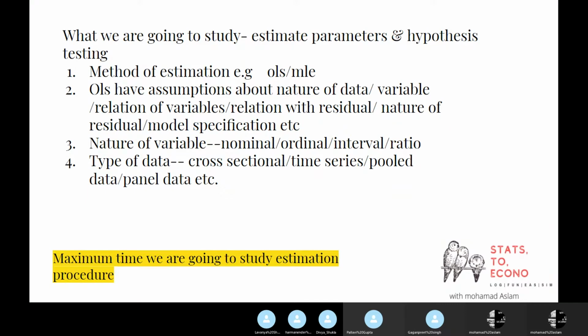In this part 3, we are restricted to a ratio scale dependent variable and cross-sectional analysis. We start with simple linear regression analysis, where we have only a linear functional form. Then we add a residual term, so that it becomes an econometric model. And now we are going to estimate the sample statistics.